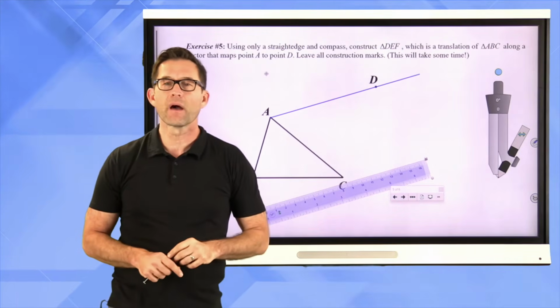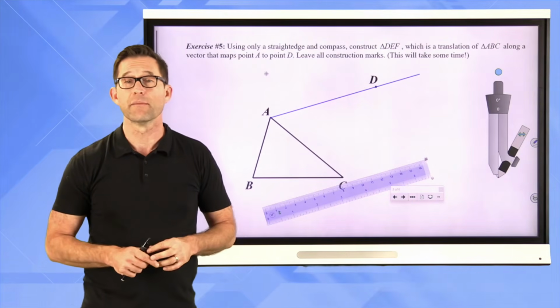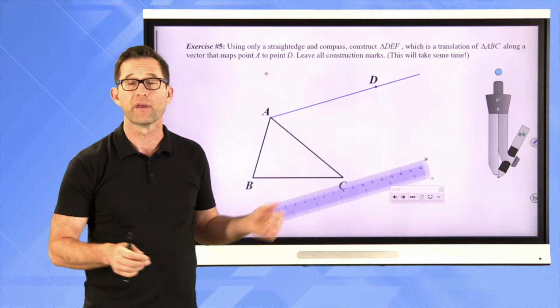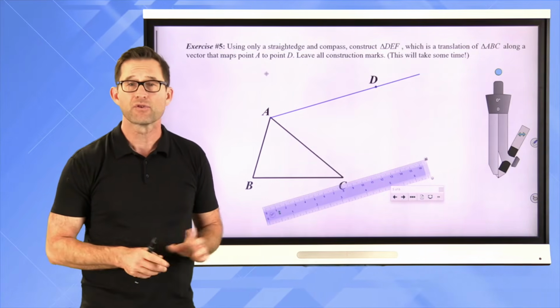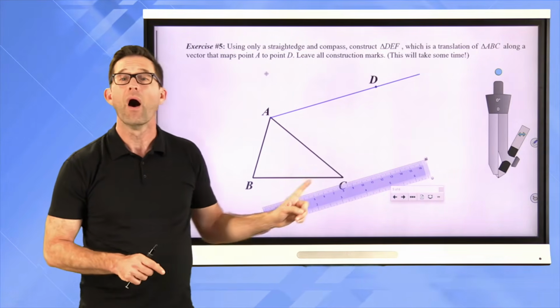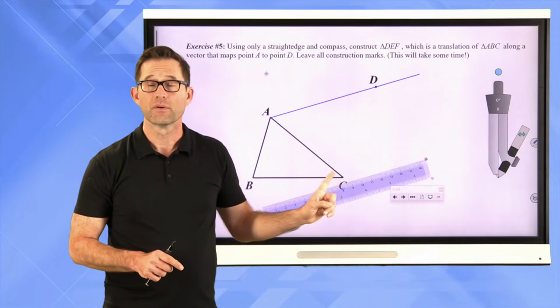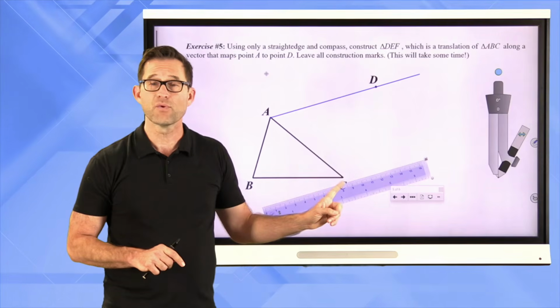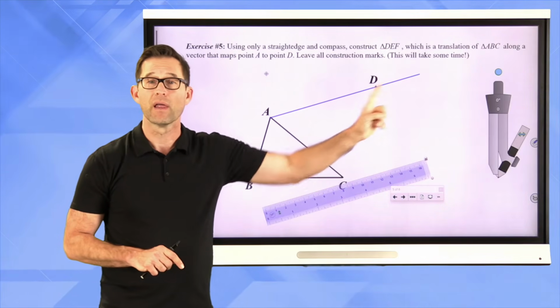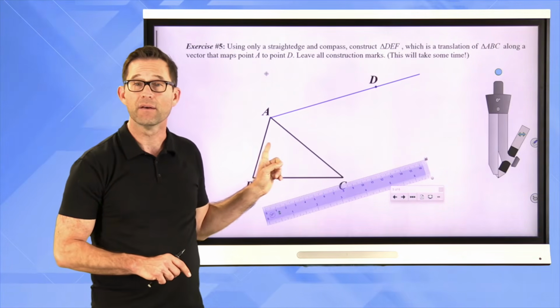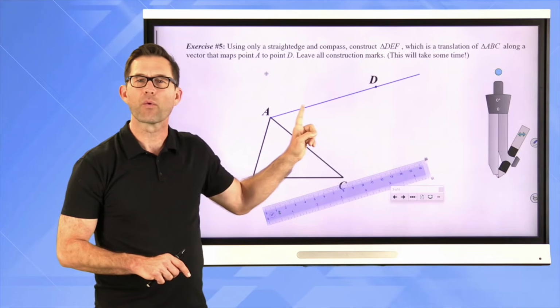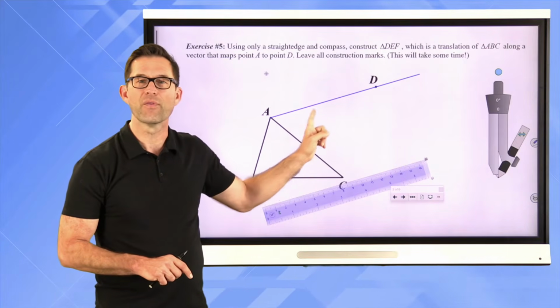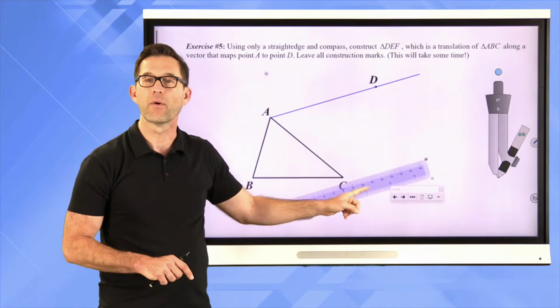And I think the first thing I'm going to do personally is translate point C. I know it's kind of weird. You'd probably think, oh, start with point B. I'm going to translate point C. Now again, remember, I need to construct a line that passes through point C that is parallel to line AD. Which really means I want to reproduce this particular angle down here.